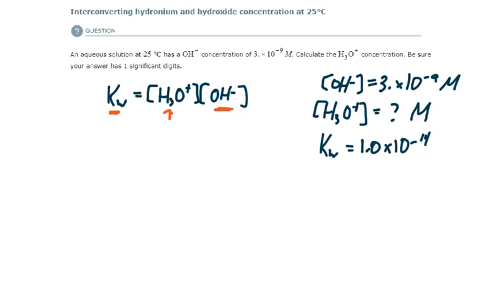Okay? So let's plug in our given, which is the hydroxide ion concentration, and let's plug in our constant here and solve for the concentration of hydronium ions. So this now becomes 1.0 times 10 to the negative 14, and K has no units. Kw has no units, just like Kc. It's going to be equal to this, which we do not have, times this.